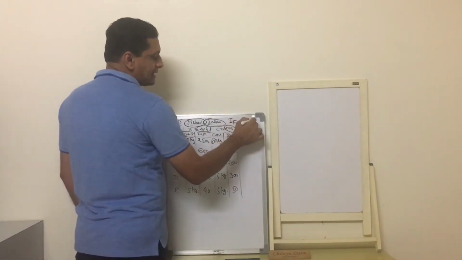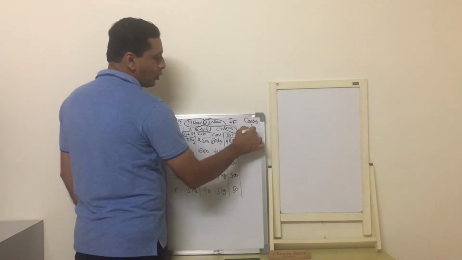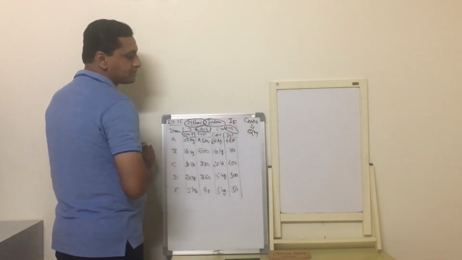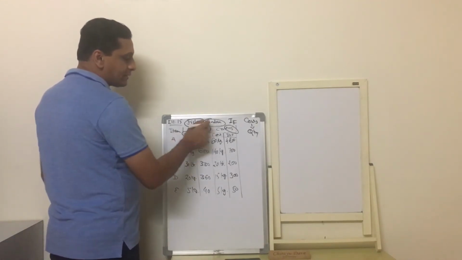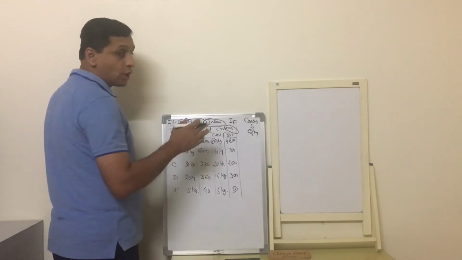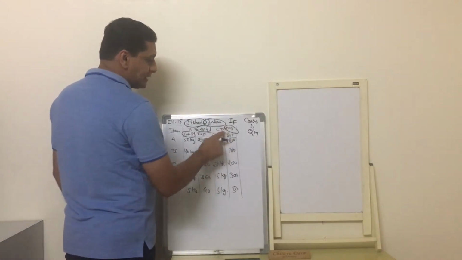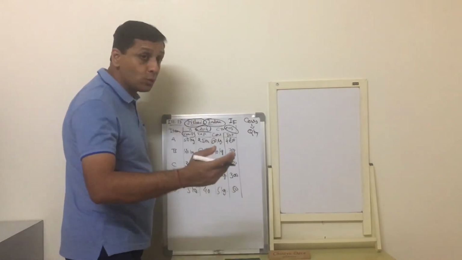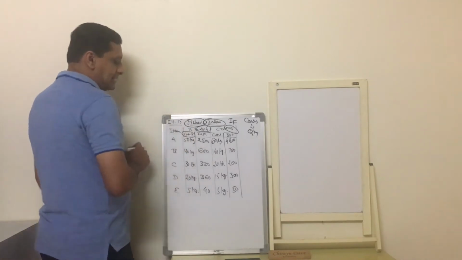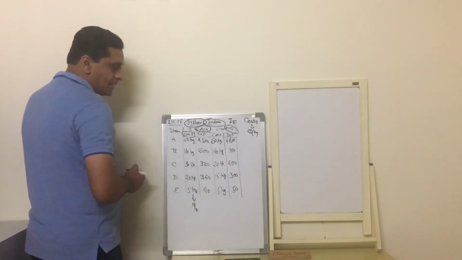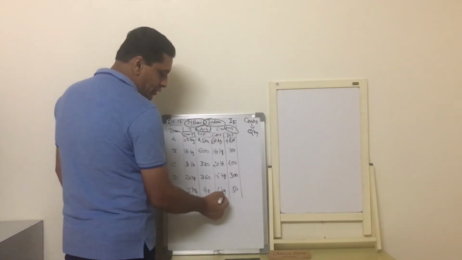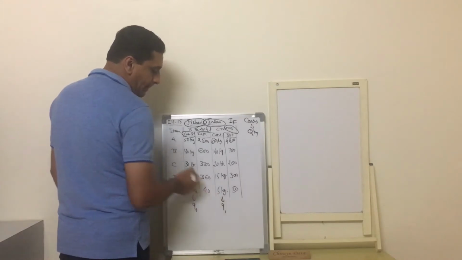Consumption is nothing but the quantity consumed. This 2014 consumption is the old one, and this is the new one. This implies that the old quantity should be known as Q0 and the new quantity should be known as Q1.